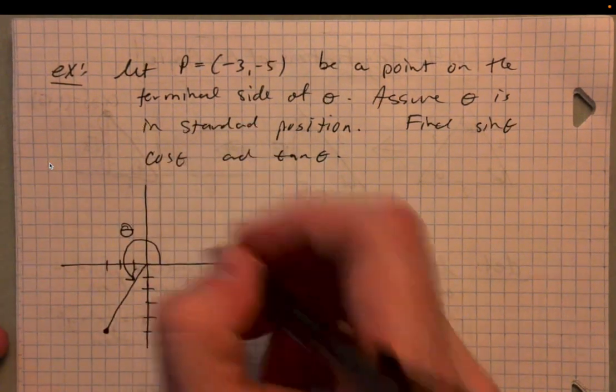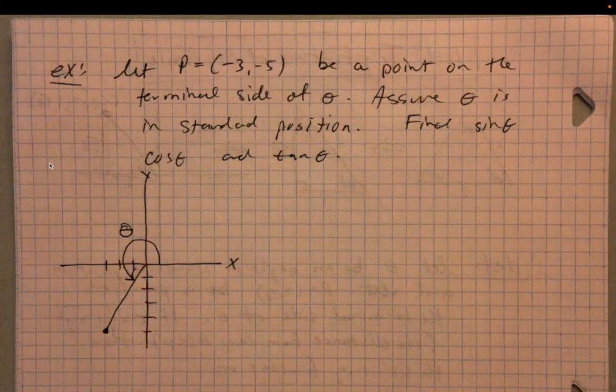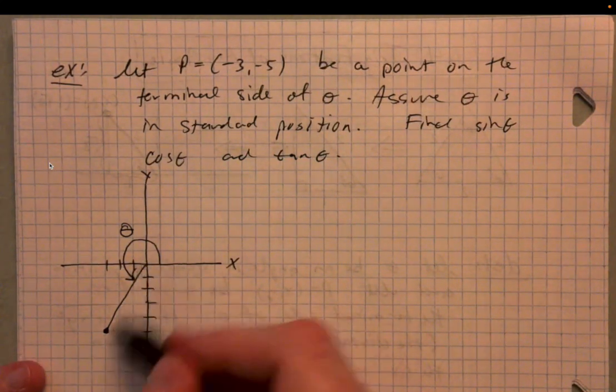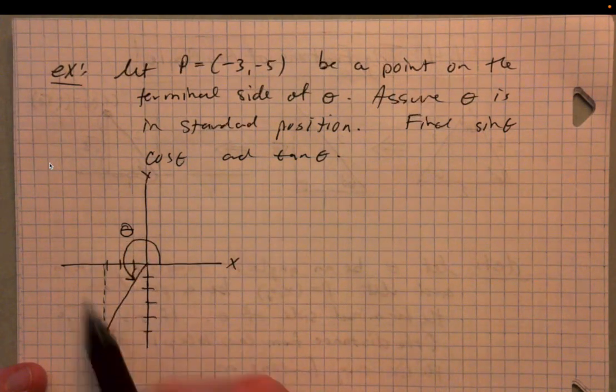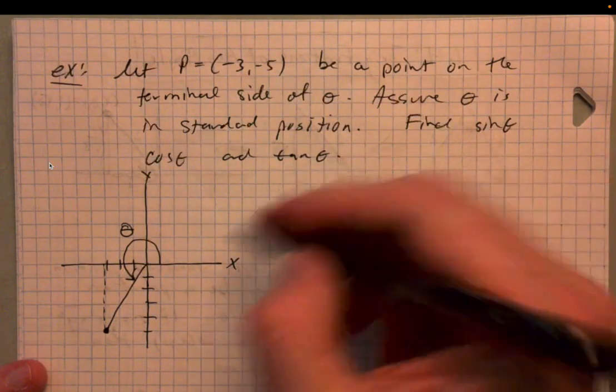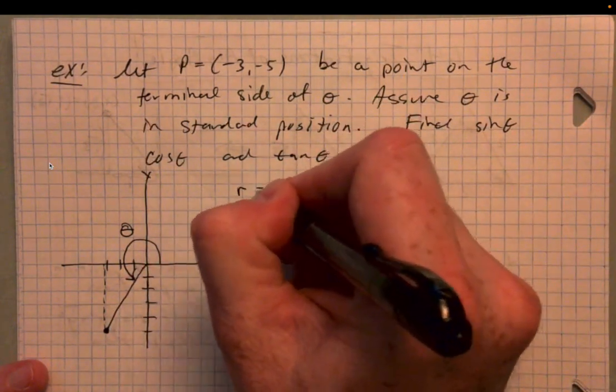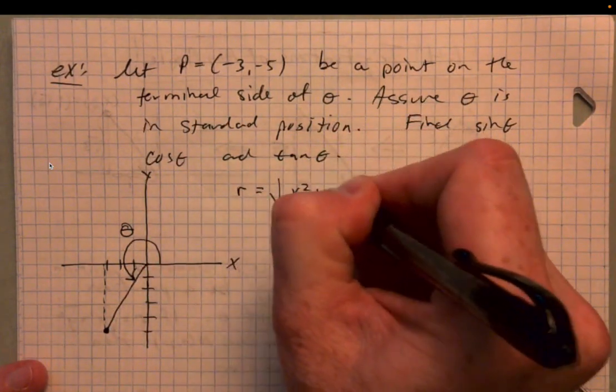This is your x-axis, of course, and your y-axis. And so we need to know how long this ray is, right? Really you'd be trying to think about it as a triangle like that. But how long is that ray? Well, r is equal to the square root of x squared plus y squared.